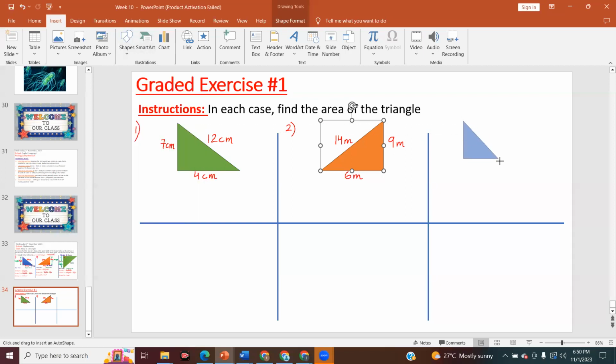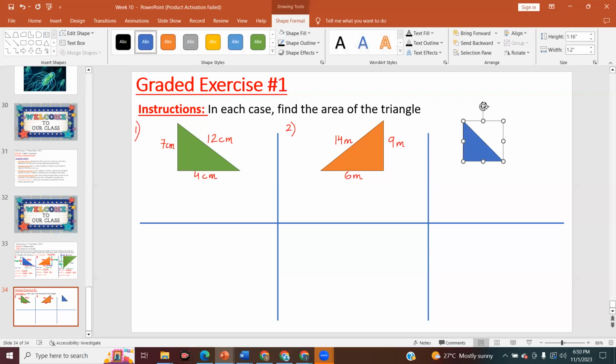Again, make sure when you're doing these that you're using a ruler and a pencil, to make sure that your work is neatly written.